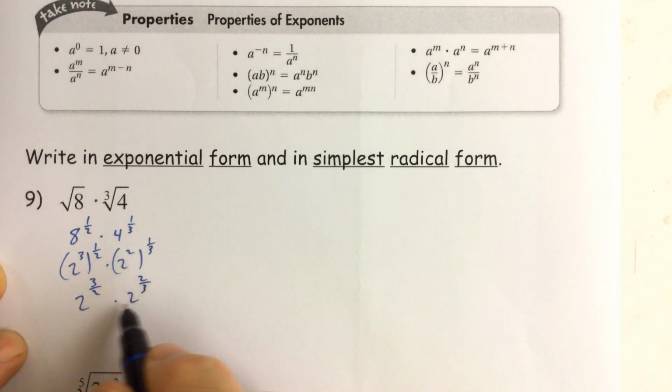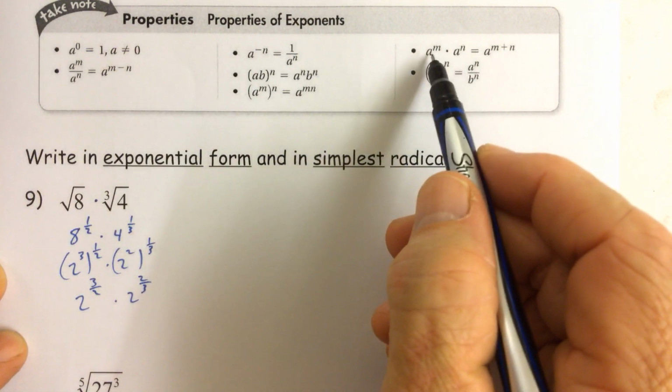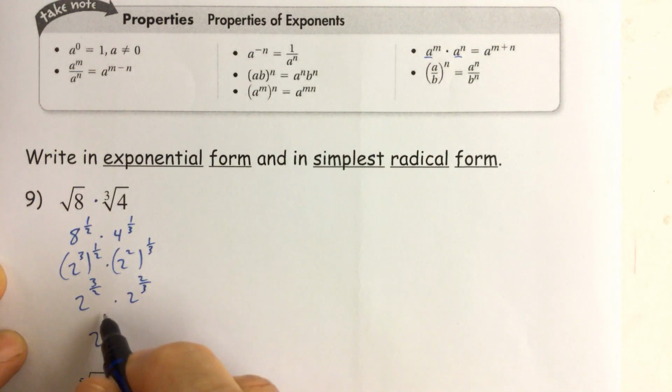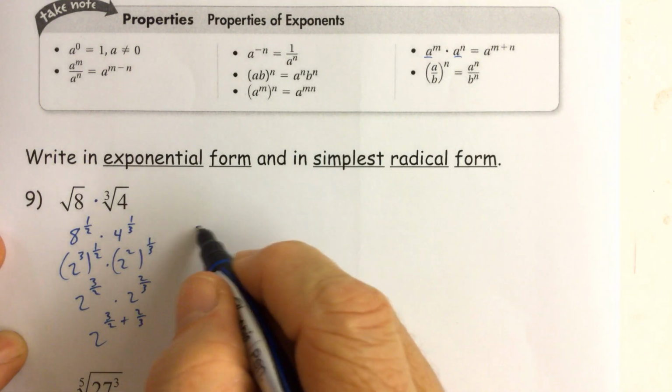So now when we have 2 bases that are the same, like using this property right there, when the bases are the same, what do we do? We add the exponents. So we have 2 to the 3/2 plus 2/3, and now we have to get a common denominator.